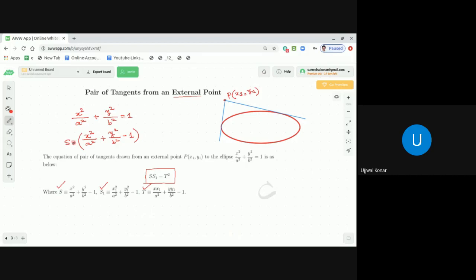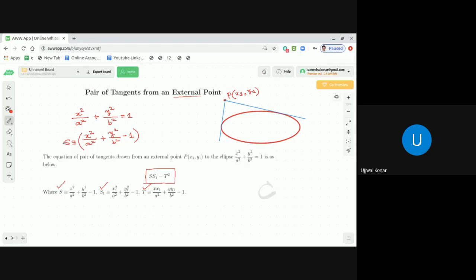Then what is S1? S1 is nothing but replace x by x1 and y by y1, and you will get another expression S1. And then what is T? T is nothing but, as I said a few minutes back, as if it is the equation of the tangent to the ellipse x square by a square plus y square by b square equal to 1 at the point (x1, y1).